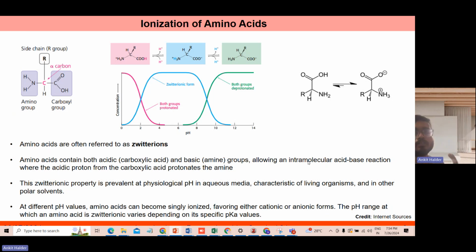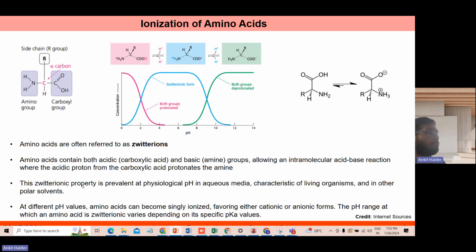So in the intramolecular acid-base reaction, the acidic proton from the carboxylic acid protonates the amine group. When that happens, it is in the neutral or Zwitter ionic form that you can see in blue, with balanced plus and minus charges.